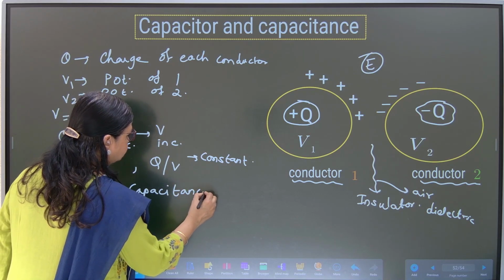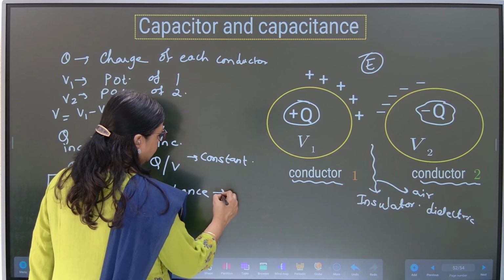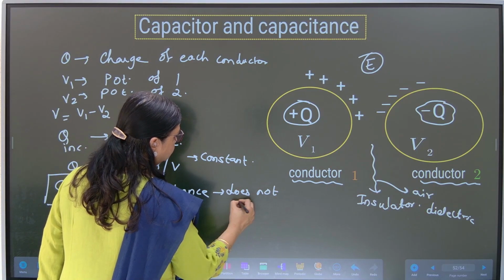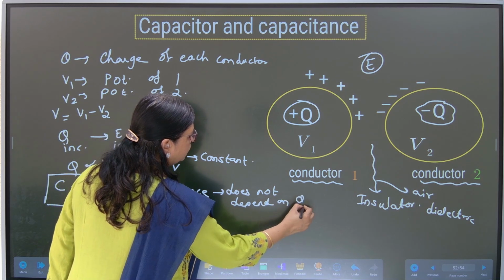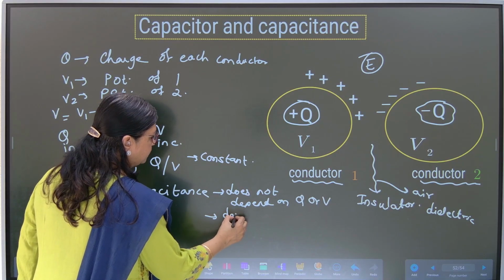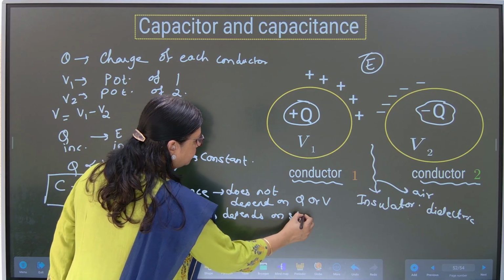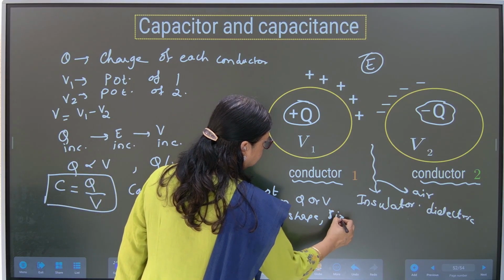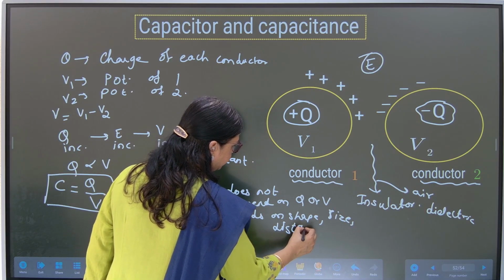It is a constant which does not depend on Q or V. But it depends, as I said in the previous page, on shape, size and distance between the two conductors.